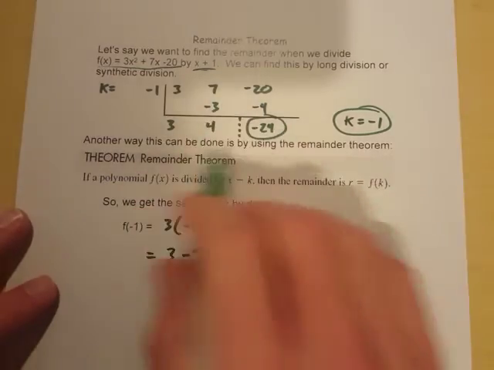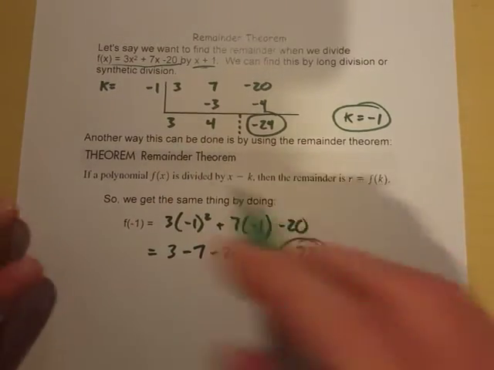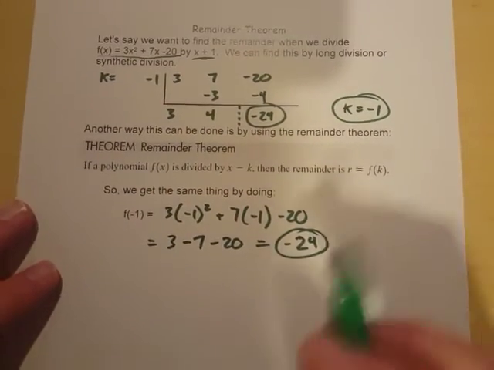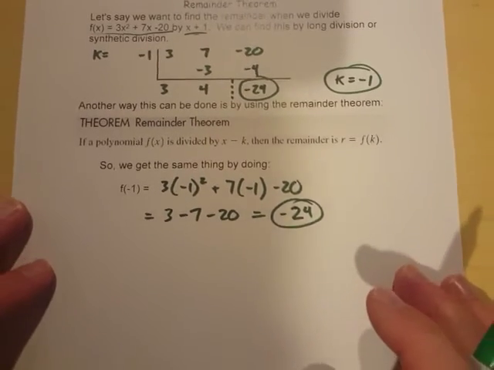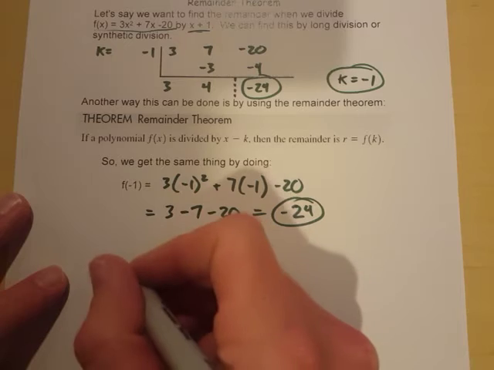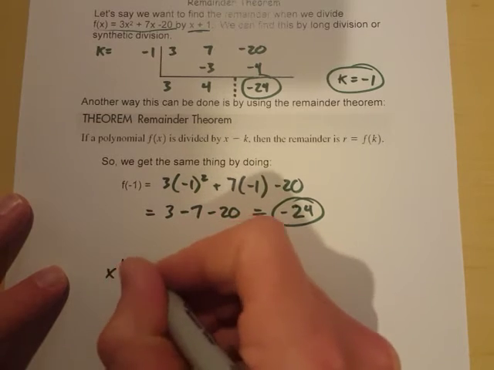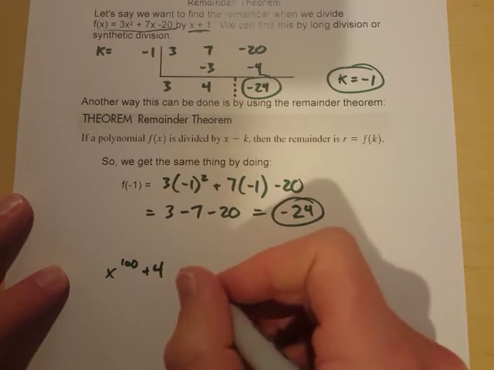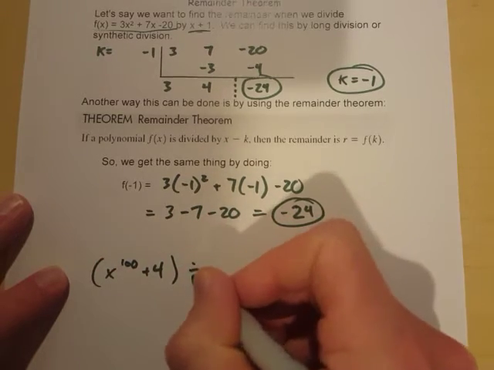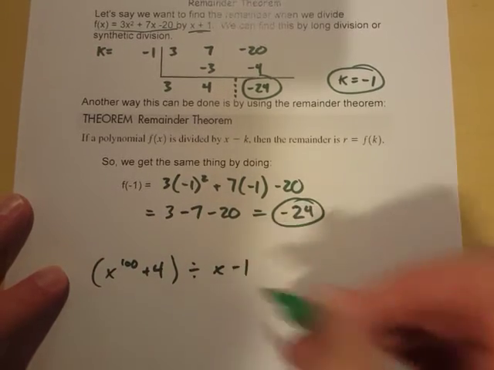It seems like this is plenty easy. I could just do synthetic division every time. But I'll give you one example that might convince you a little bit. Let's say that we wanted to do something like x to the 100 plus 4, and then divide that by, I don't know, x minus 1.